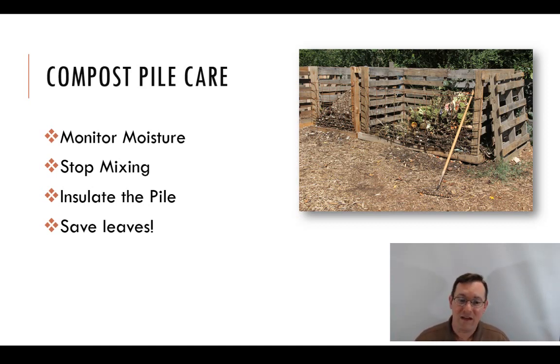And along with that, you want to insulate the pile. So either use straw, or the best thing is nature provides us each year with a great source of insulation in fall leaves. So rake up those leaves, save them, pack them in around your compost pile to help insulate it and keep it nice and healthy during the winter time.